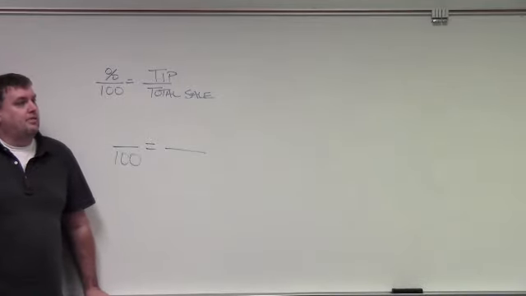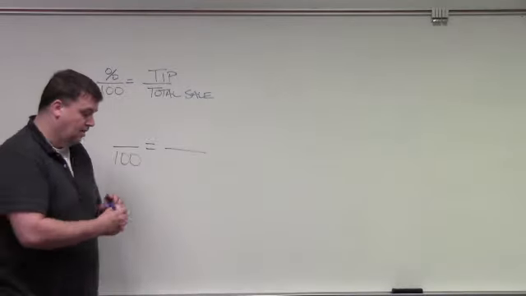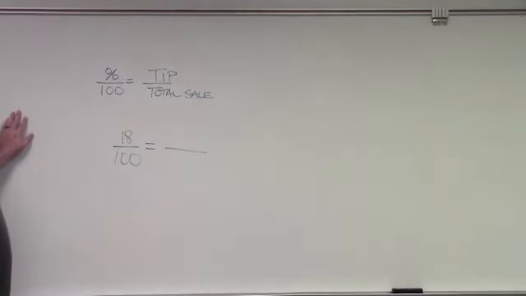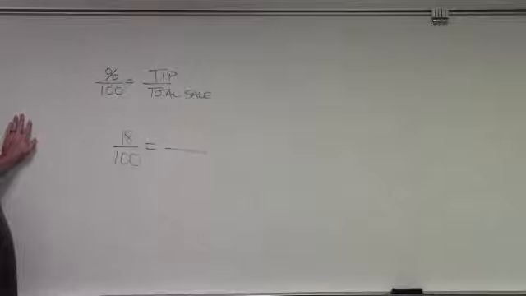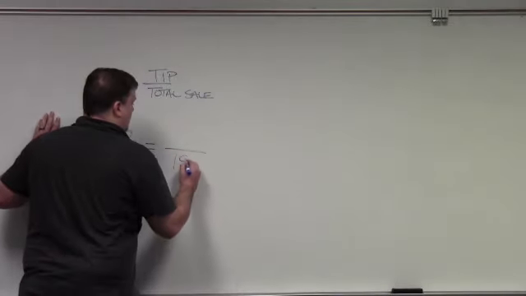Now they're saying for parties of 8 or more. So there was a party of 10. Is that 8 or more? Yeah. So we know that the restaurant did charge a gratuity of 18%. So we know 18% is our percentage. Did they give us the tip, or did they give us the total amount of the meal? Total amount of the meal.